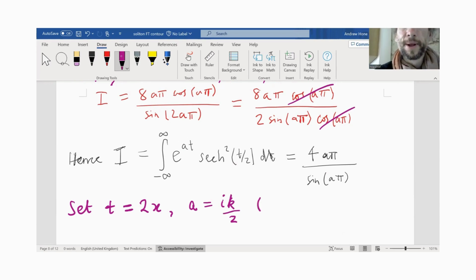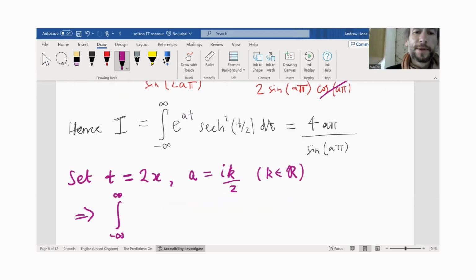This formula that we just calculated from the contour integral is valid when the real part of a is between minus 1 and 1. But in particular, we can take a Fourier integral. So a times t just gives us e to the ikx.